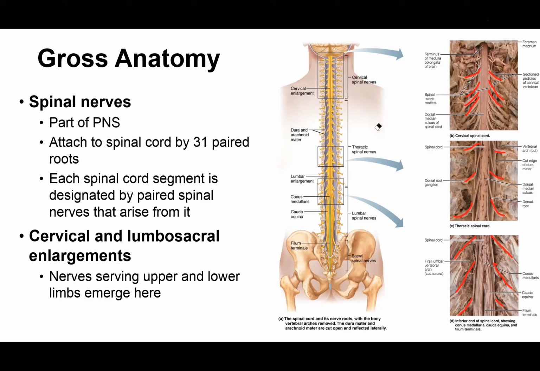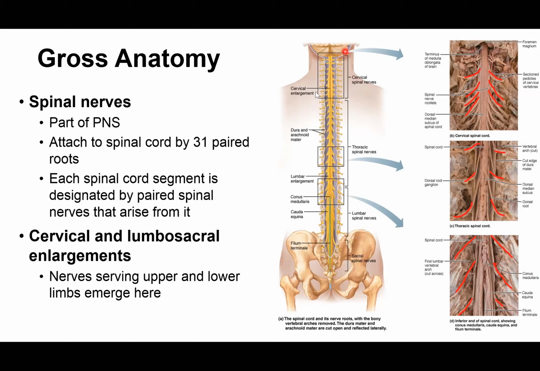So the cervical and the lumbosacral enlargements are designated in the cervical region and also in the lumbar region. And basically, these regions are particularly enlarged. They're much bigger areas of the spinal cord in terms of their width here, because this is where all the nerves that serve the upper limbs and the lower limbs emerge from.